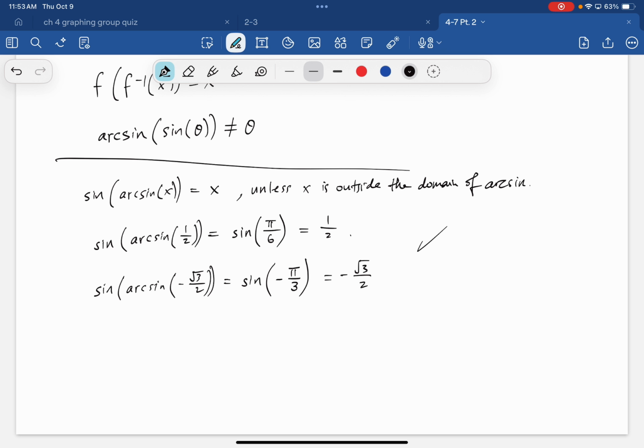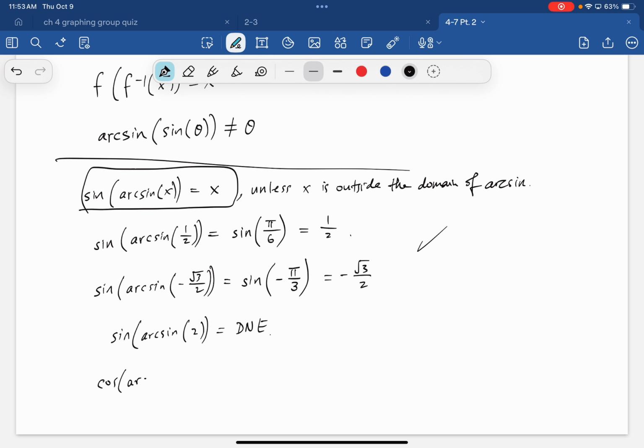But on the other hand, sometimes on the homework you might see, what is sine of arcsine of 2? That doesn't exist because 2 is outside the domain of arcsine. There's no value of sine that could give you 2. So that doesn't exist. This is also true for cosine and tangent.